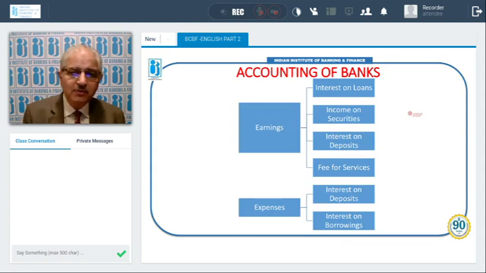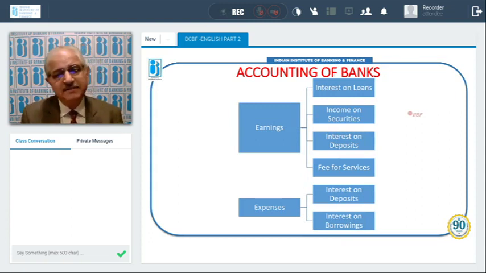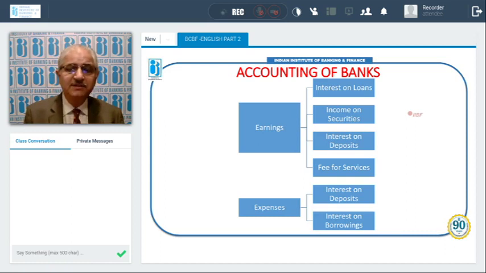Now when we talk about earnings and expenses of banks, banks earn interest on loans, whatever loans they have given. Then they also receive income on their securities, the investments which we have made. We receive interest on that, we receive dividend on that.